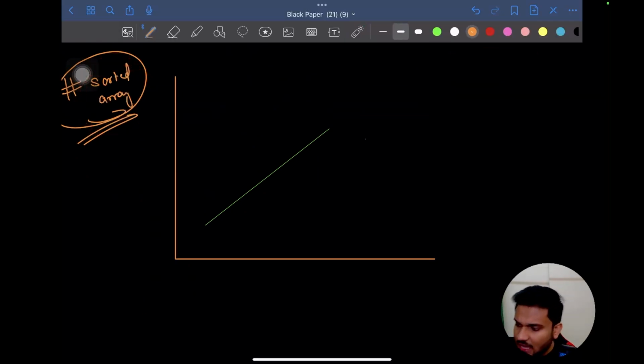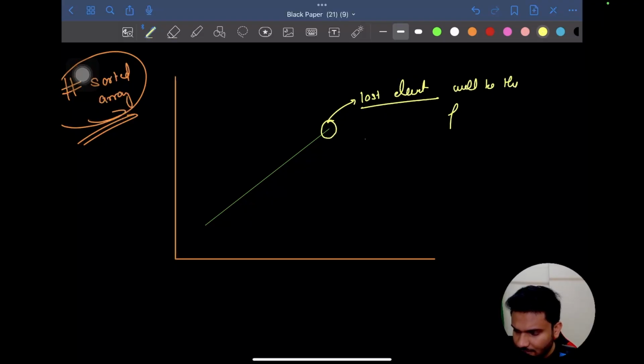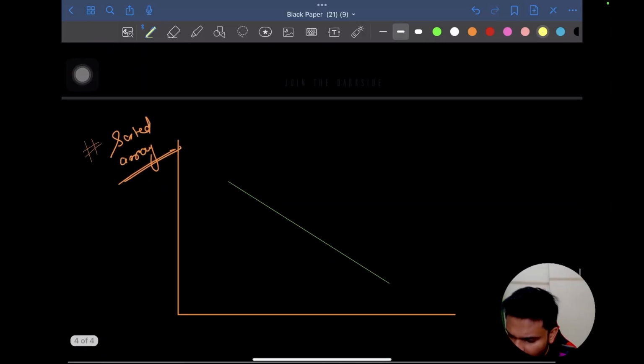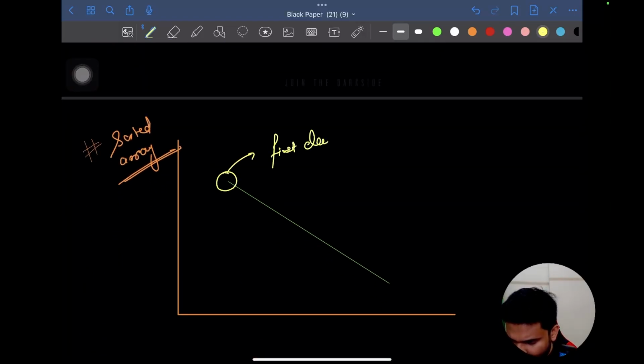Can I say in the sorted situations, the last element will be the peak? The last element will be the peak, right? And here as well, the first element is the peak. Can I say that?